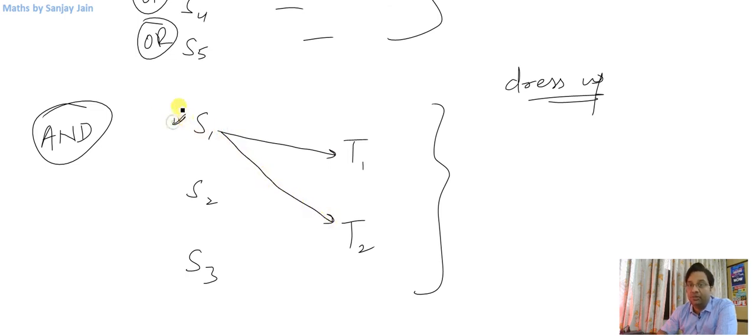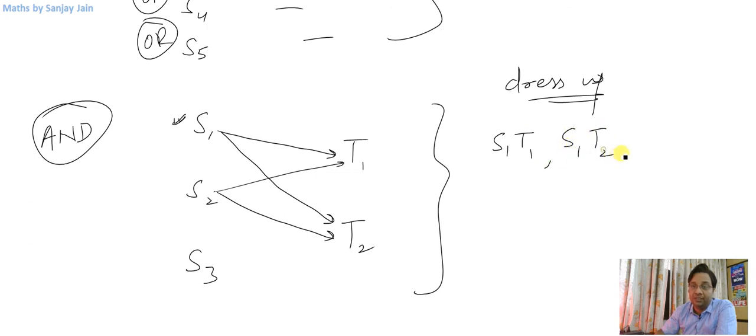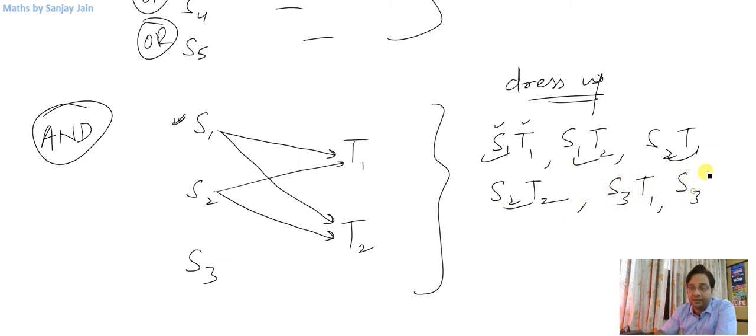Corresponding to this shirt you can wear trouser 1 or trouser 2. Similarly, if you wear S2, you can wear T1 or T2. So what are the options? You can dress up like this: S1 T1 or S1 T2, S2 T1, S2 T2. That is shirt S1 and trouser T1. So these are all different dresses, right? If I ask you how many ways can you dress up, there are 6 ways that you can dress up, right? All of these 6 are different from each other, right? Either the shirt will be different or the trouser will be different.